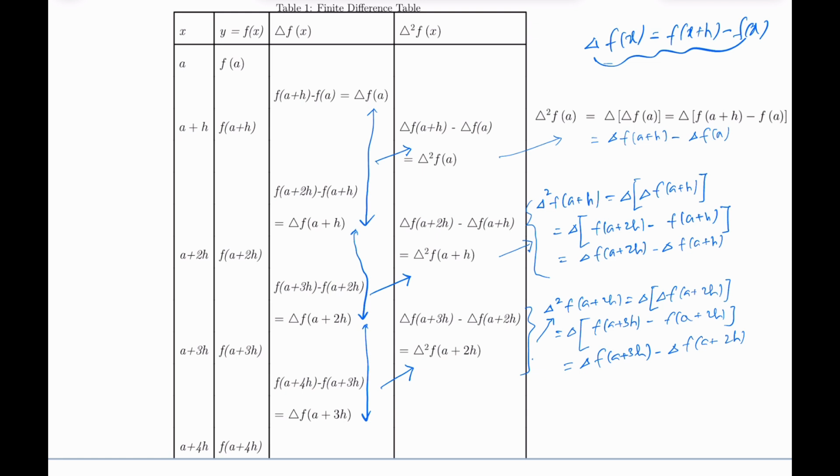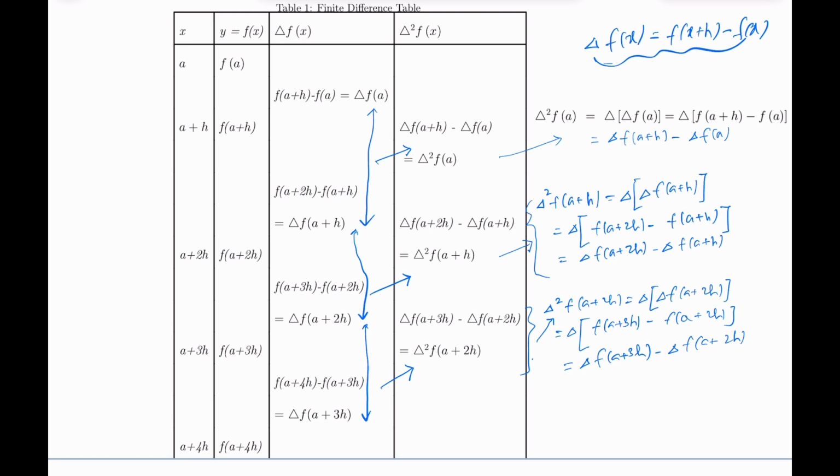So the second order difference is the difference of Δf(a+h) and Δf(a). So we have written here this is equal to Δ²f(a). Now Δ²f(a) is nothing but Δ of Δf(a). So this is Δ, and for Δf(a) we have f(a+h) − f(a).